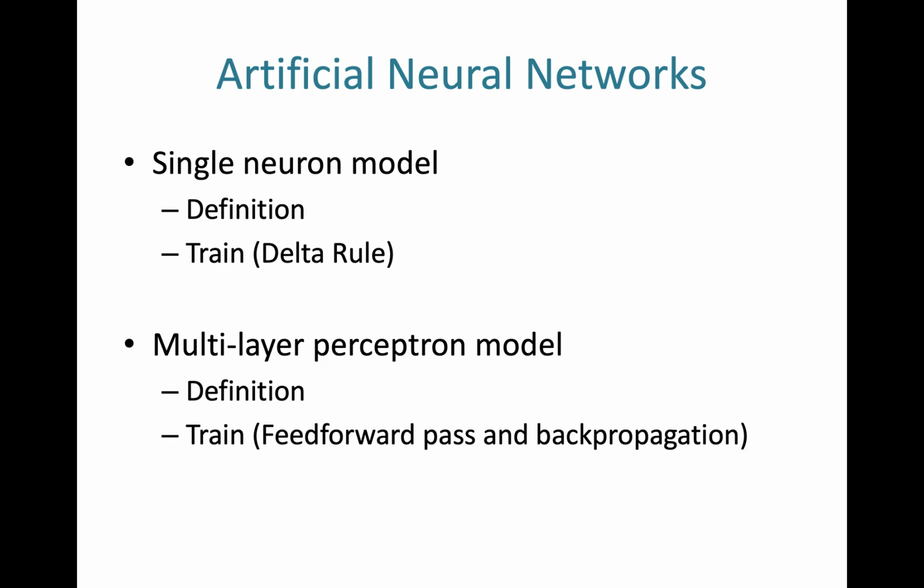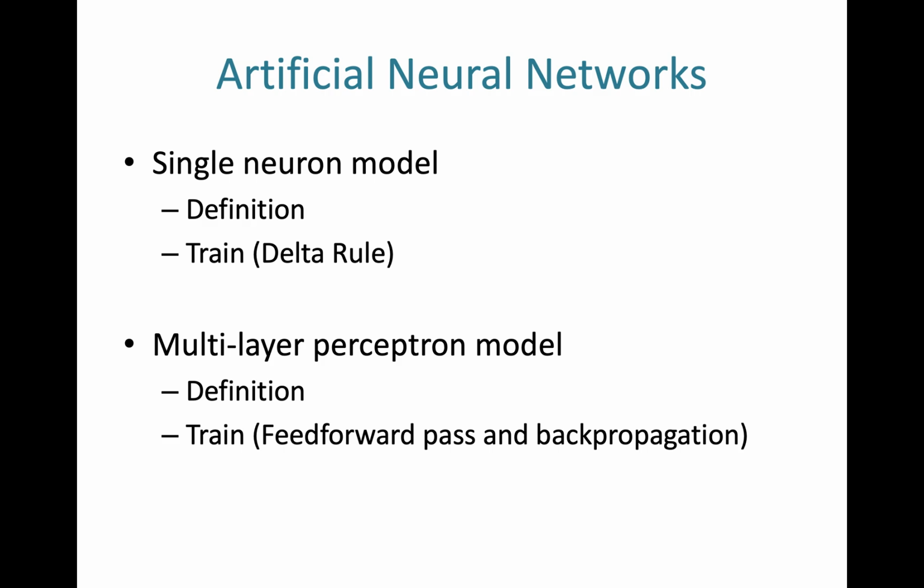And then we'll move on in a second part to more complex neural networks, so moving beyond one neuron to what we call multi-layer perceptron models. So we will define them, how these are more complex architectures that have multiple nodes distributed across multiple layers, and we will also look at how these models are trained with what's known as feed-forward and backpropagation passes, okay?